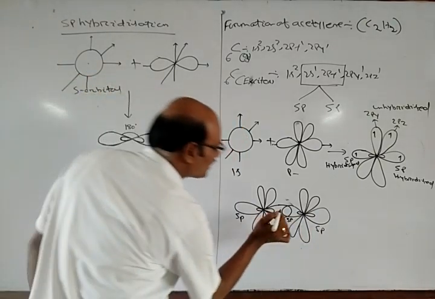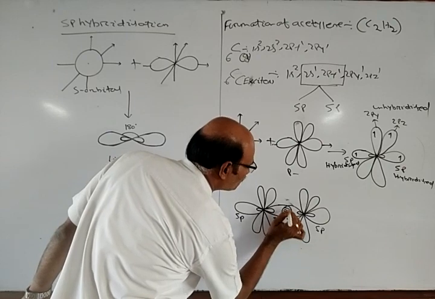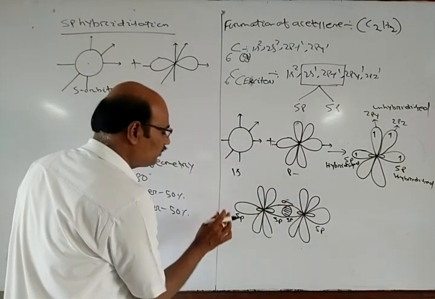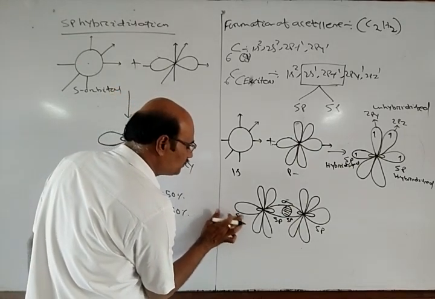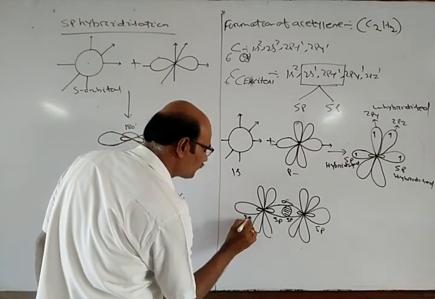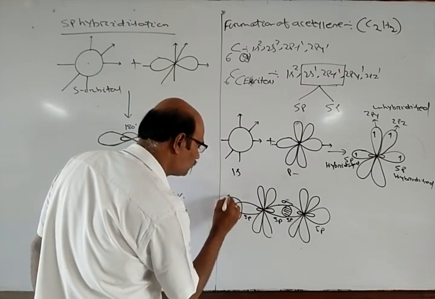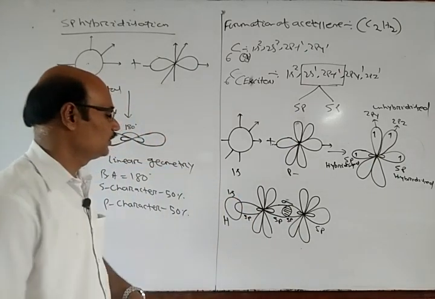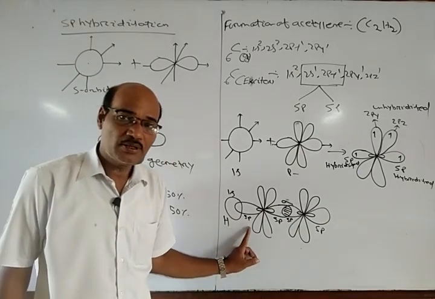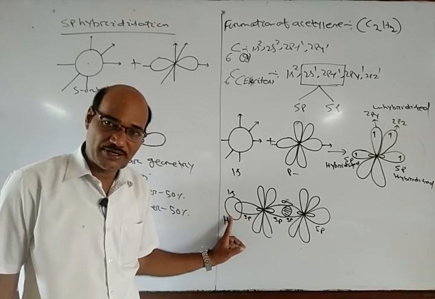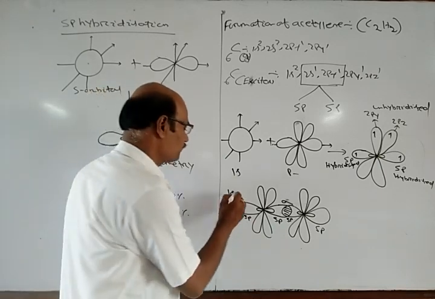So the sp orbitals form a sigma bond between the carbons. Now, we have another sp here, and with this sp, the 1s of one hydrogen atom forms a sigma bond.